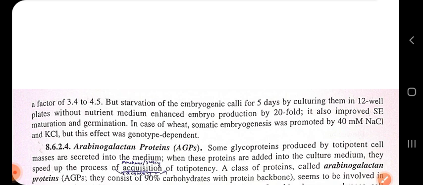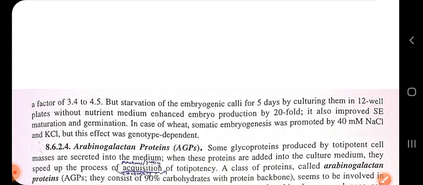So if we culture the somatic embryogenic callus on half strength MS medium, or on medium lacking sucrose, or if the humidity is reduced, then there is a chance of increased somatic embryo formation by a factor of 3.4 to 4.5.